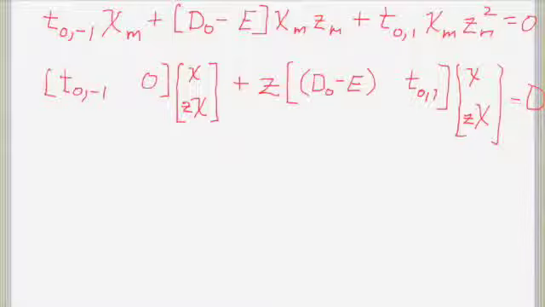So I've just rearranged the equation. If you multiply that out, you'll see you get the equation right above it. Multiply those column vectors by those row vectors, you just get the equation right above it.